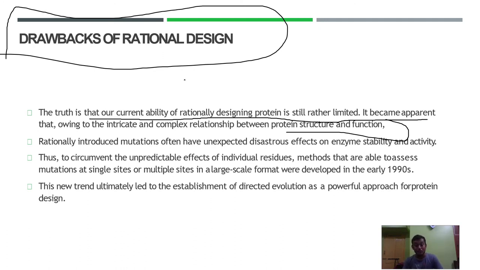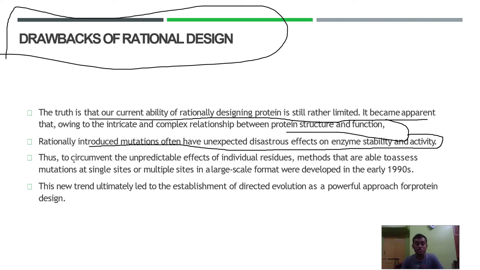It's not completely proven, but it's successful to a point. Also, rationally introduced mutations often have unexpected disastrous effects on enzyme stability and activity. So, as said, these are not 100% proven, so these are under experimentation.